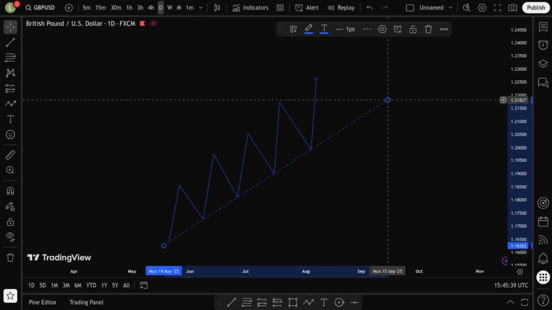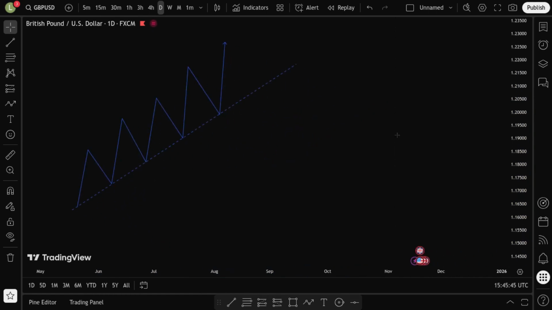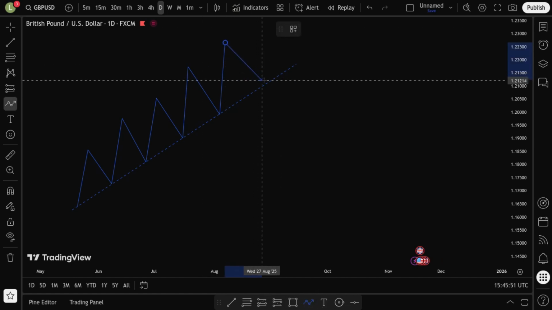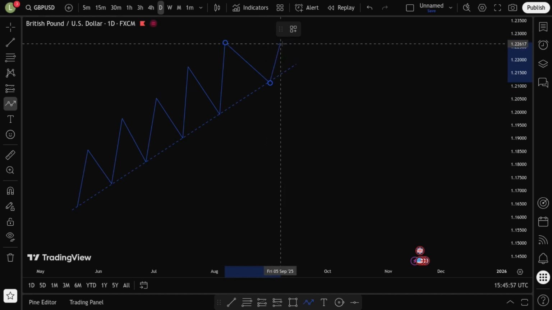Buyers are in control of this market, like buyers own this market. So whenever I see price come and react or come back to this trend line, you want to be going for a buy towards the upside, targeting this last previous high.